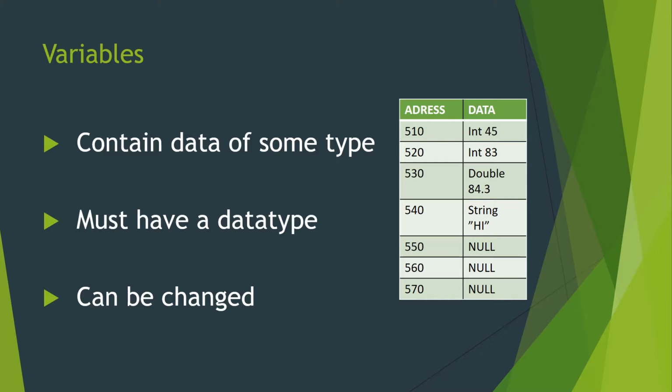Then number1 points to the address 510 in this table, and the address 510 contains 45. It doesn't have to be 510. This is just random. I just made it like this for you to understand, but this is different for all the computers. But this is how it works, or just an overview of how it works.